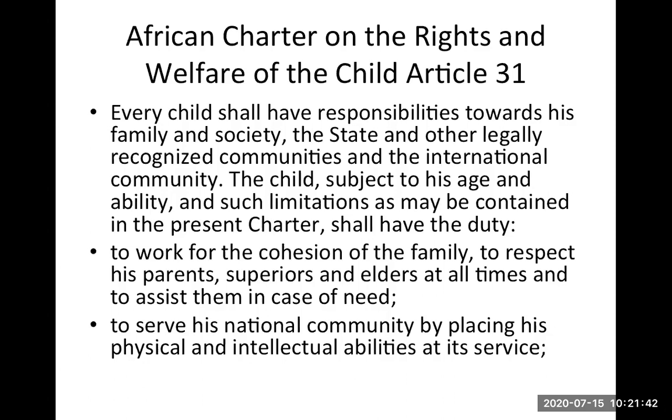But the child is also given duties in the African Charter on the rights and welfare of the child. The child has a duty to work for the cohesion of the family, to respect his parents, to respect superiors and elders at all times, and to assist them in case of need.